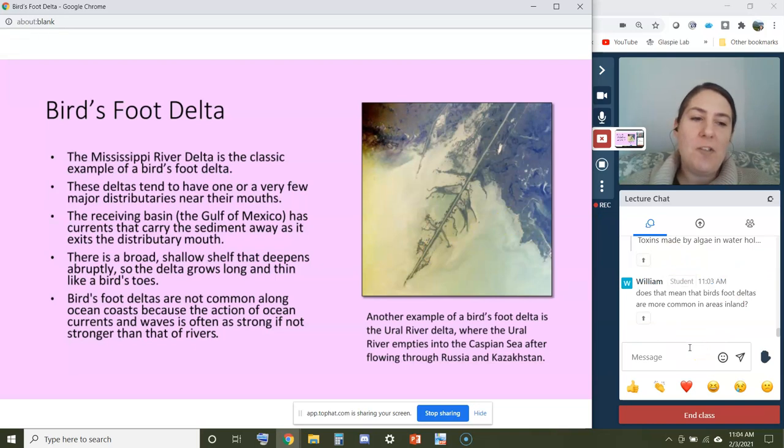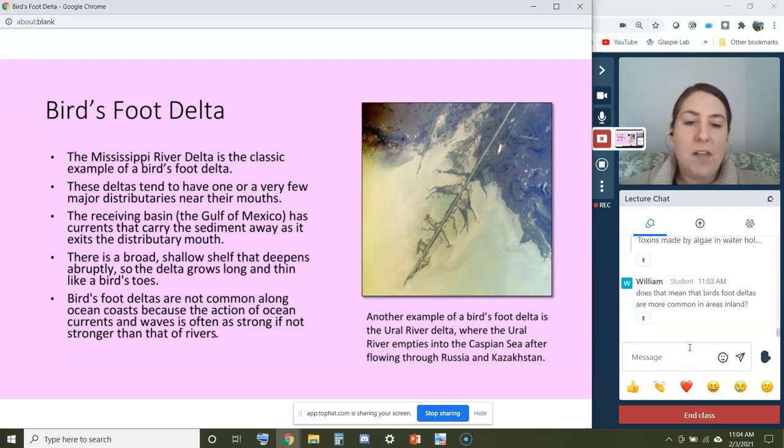Does that mean that bird's foot deltas are more common in areas inland? Actually, inland, if we're talking about rivers that flow into land, like the one that you learned about in Okavango, those tend to be more lobate. The sediment spreads out in a fan. However, bird's foot deltas are more common for rivers that feed into sheltered environments like seas or gulfs that don't have a lot of openings to the ocean.